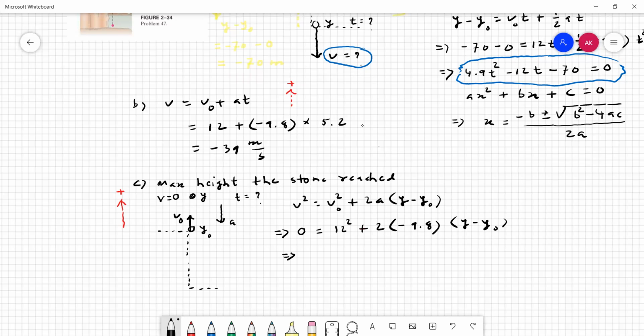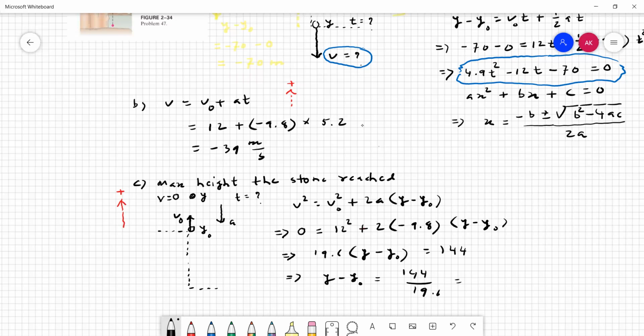So then we have positive 19.6 times (y minus y naught), and then we have 144, and then y minus y naught is equal to 144 divided by 19.6.